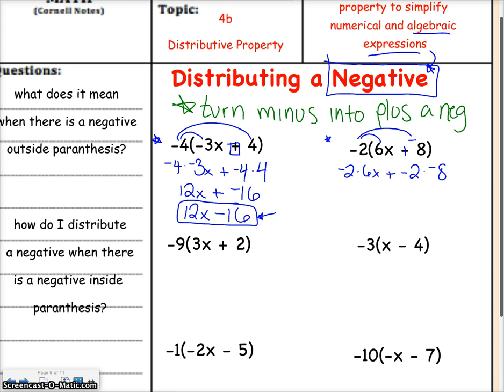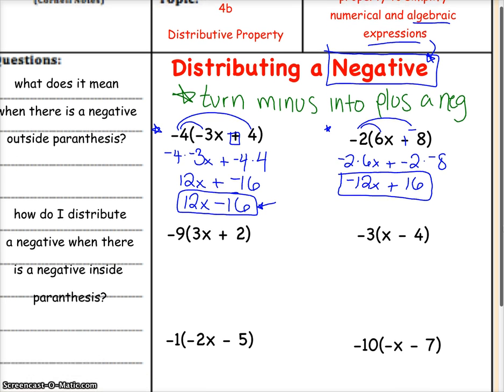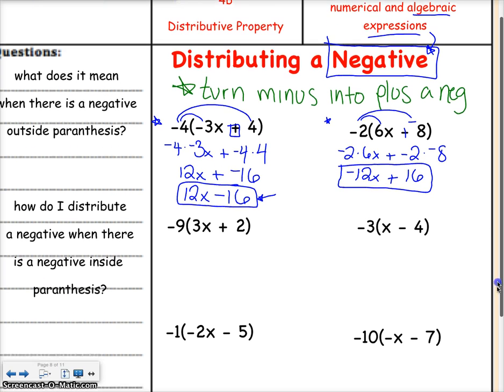Notice the rainbow. Make sure you show your rainbow in your homework. And then negative 2 times 6 is negative 12x plus negative 2 times negative 8 is a positive 16. And that's how your answer would be, because you cannot connect them. They don't both have an x, so you can't combine them.